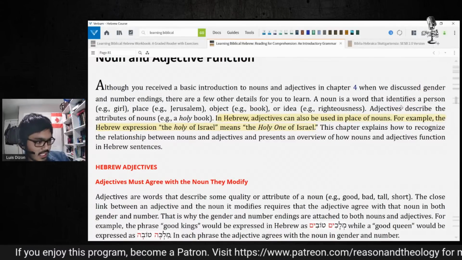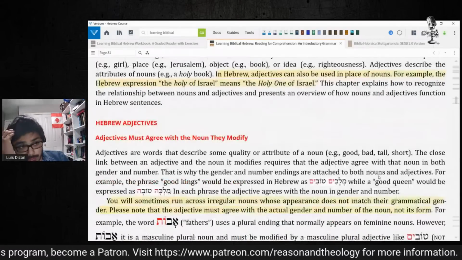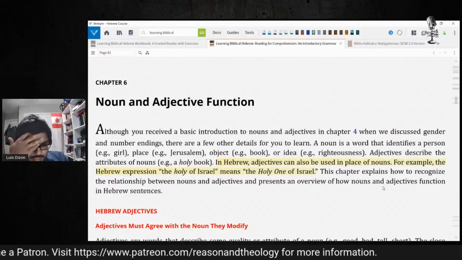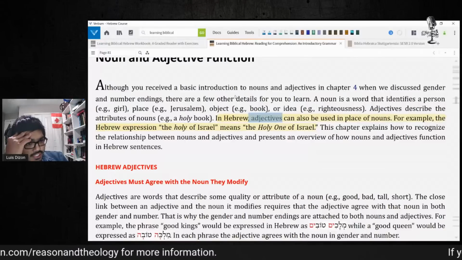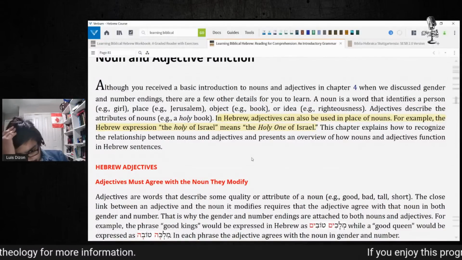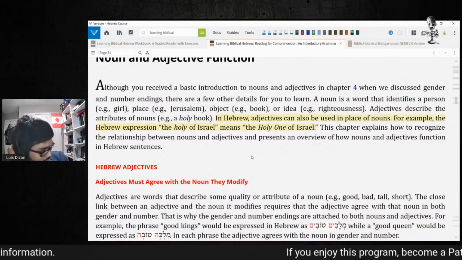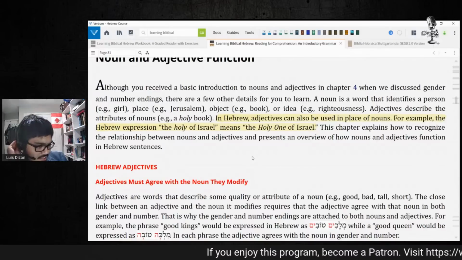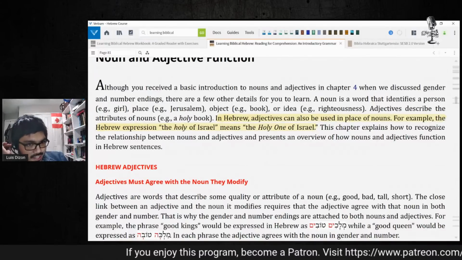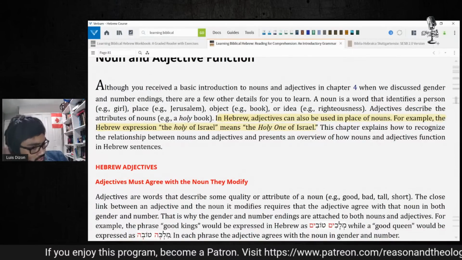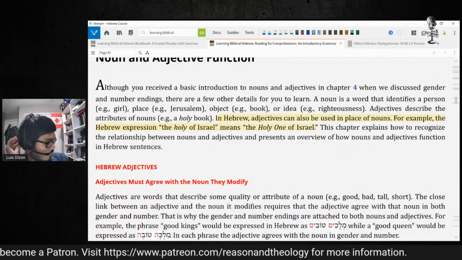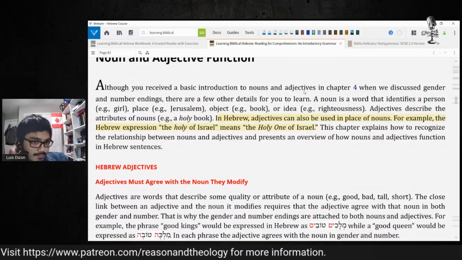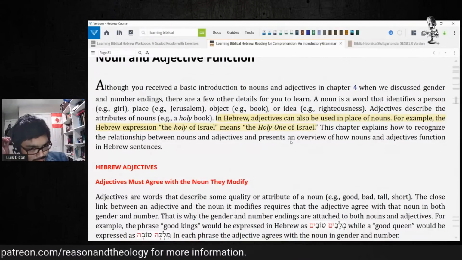Also, Hebrew makes frequent use of substantives. A substantive is an adjective that is functioning as a noun. So one example is HaKadosh Yisrael. HaKadosh Yisrael literally means the holy of Israel. But holy here isn't just an adjective, it's referring to a concrete noun, in this case God.